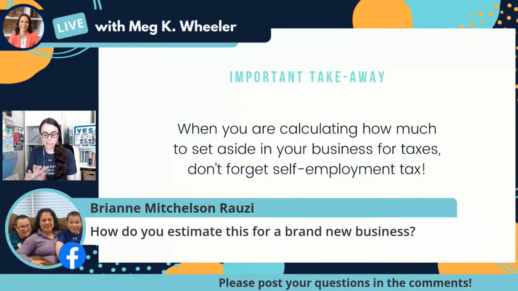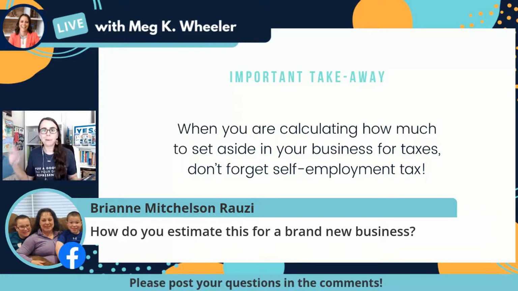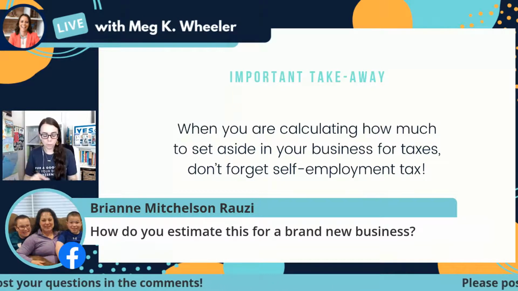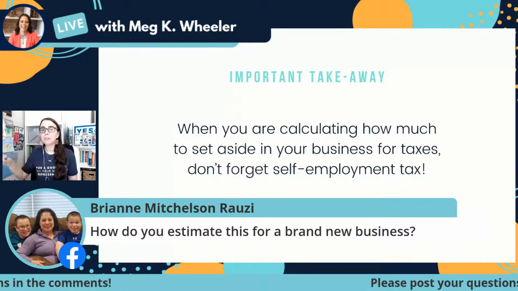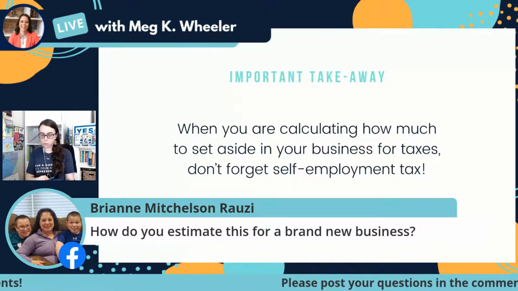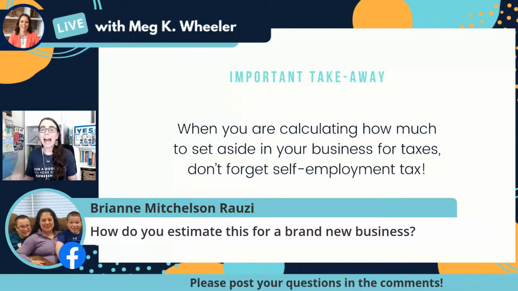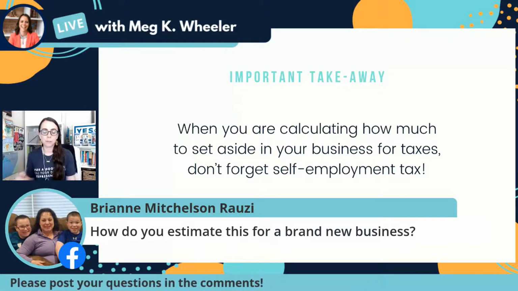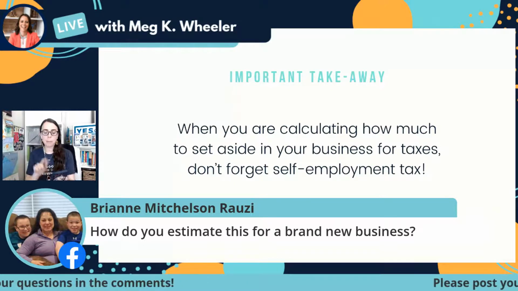But let's say you want to get savvy and make this a little more accurate. So we've got our $4,000 of business profit. We're going to subtract 50% of that self-employment tax, which is $306. So actually my business profits are $3,694. That's what I'm going to apply my 20% to.